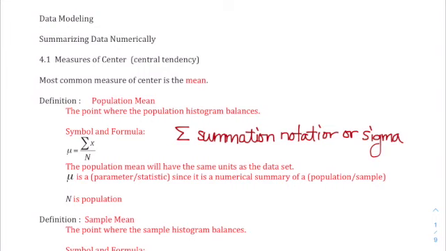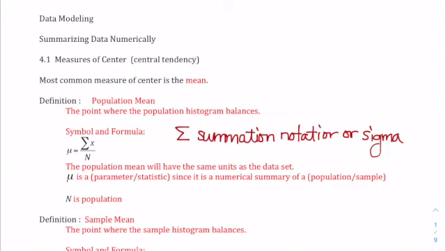Here, N stands for population, and this is a capital N. So mu goes with the big N.